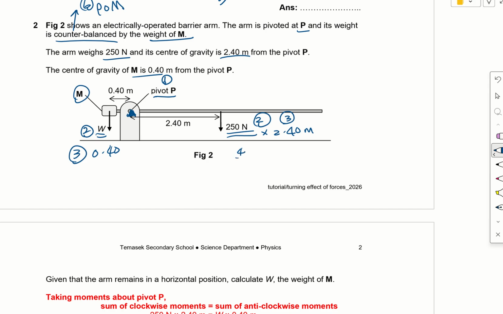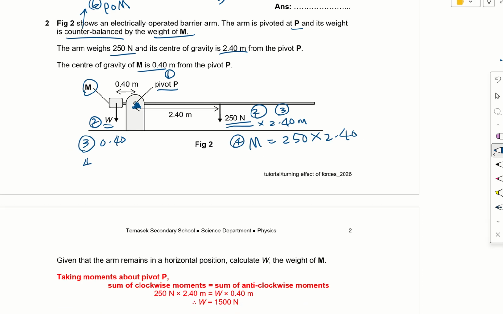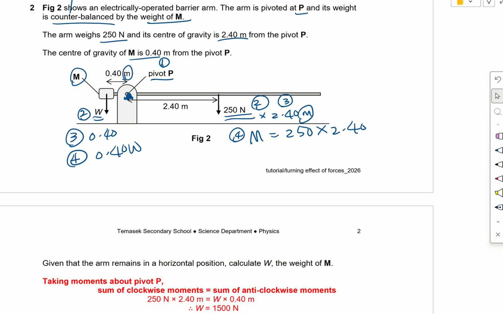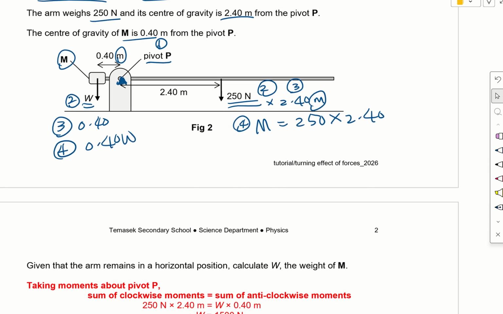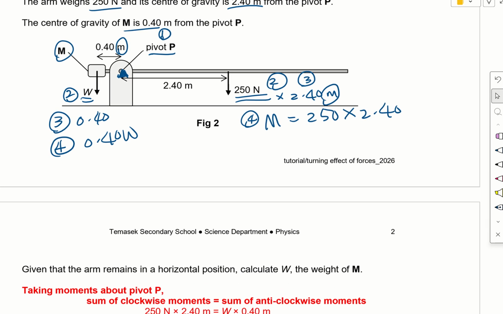Step 4 is to calculate your moment. So it equals 250 times 2.40. For the weight, it is 0.40 W. At the same time, I noticed that they have the same units for their length, so I don't need to worry later, because they will cancel out eventually.